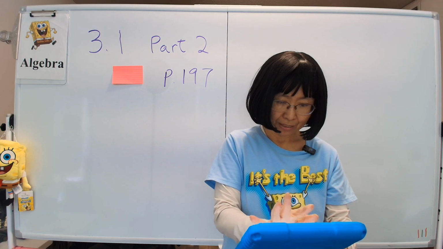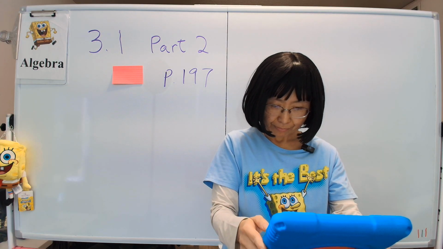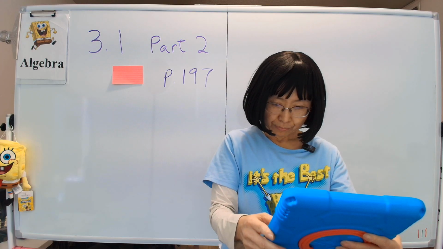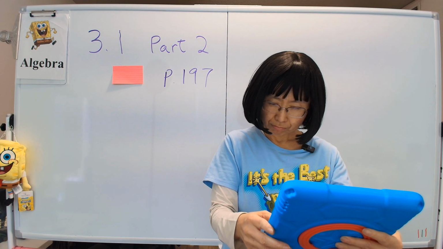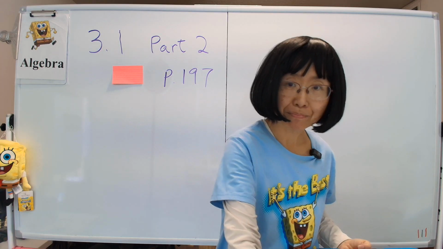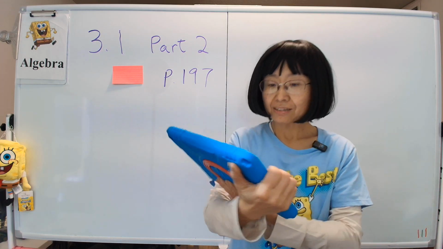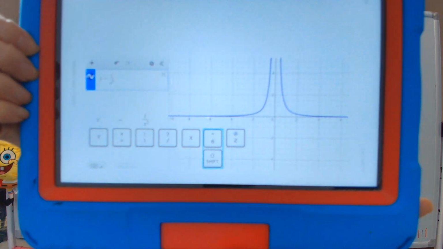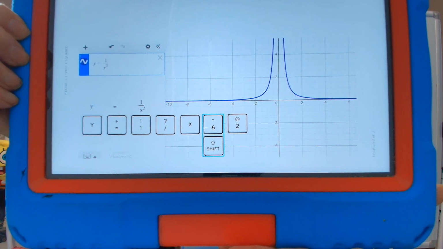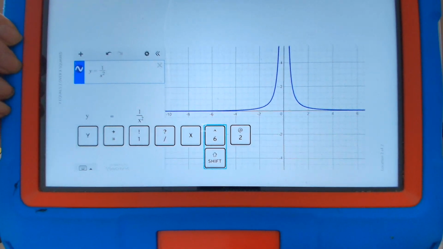Never mind. What else? I'm not sure. Let me see if I missed anything. Okay, here's another one. You just go ahead and type that in. See, then the graph shows up very nicely.